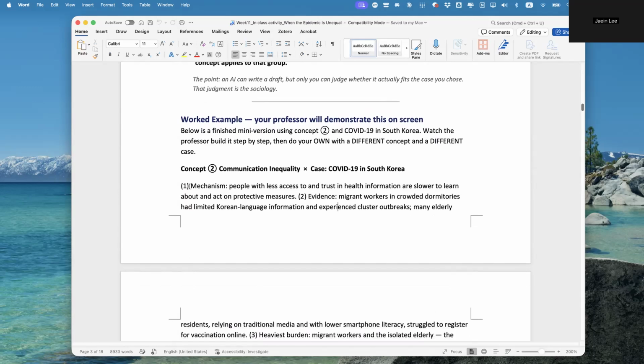So for COVID-19 in South Korea, the mechanism is that people with less access to trusted health information are slower to learn about protective measures, like vaccination, covering the mouth, and not going outside. Migrant workers in crowded dormitories with limited Korean language information experienced a cluster outbreak.